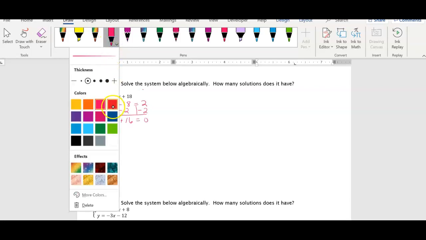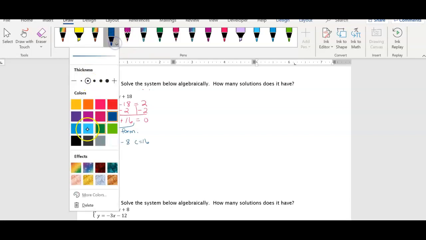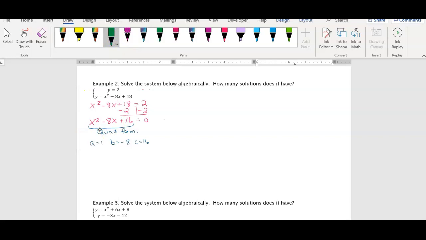Now I can do the quadratic formula. So my a value is 1, b is negative 8, and c is 16. I'm going to plug those numbers into the quadratic formula.